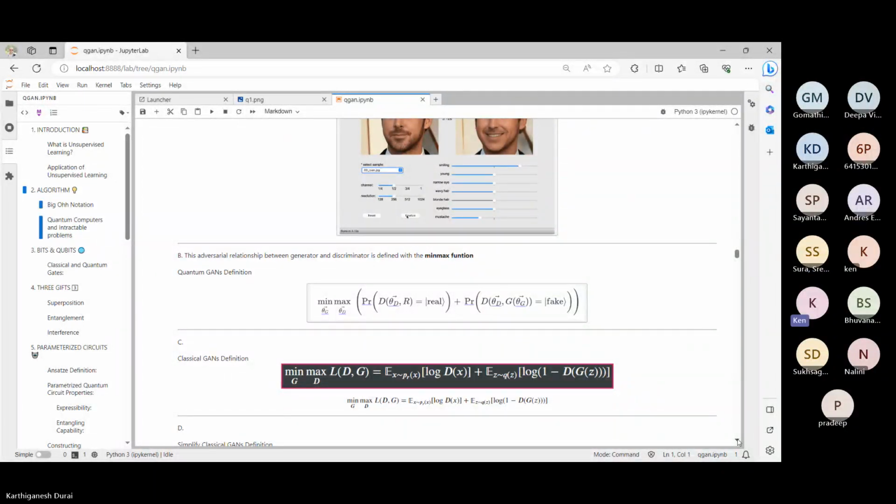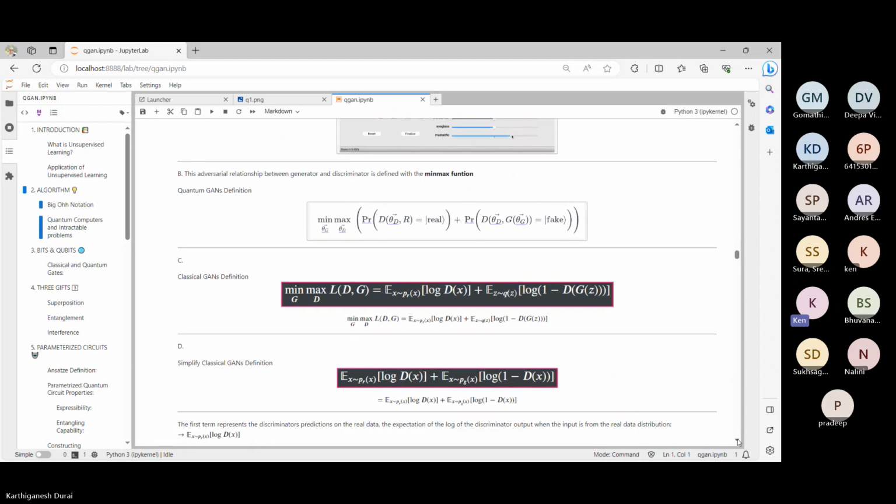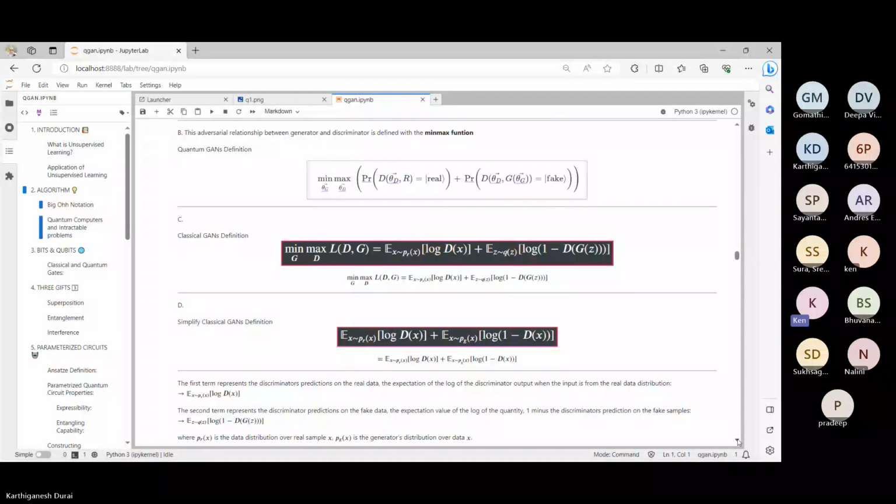Now, the equations, or the functions that govern this relationship between generator and discriminator, are like this. So B here represents the adversarial relationship between the generator and the discriminator as a min-max function.